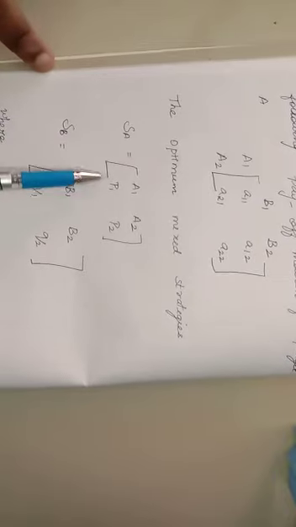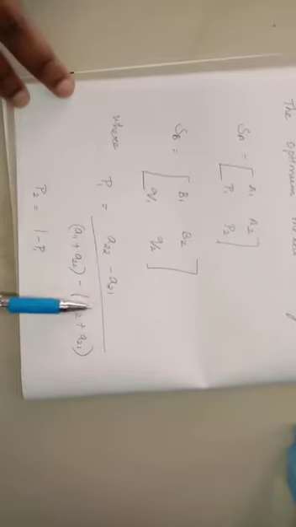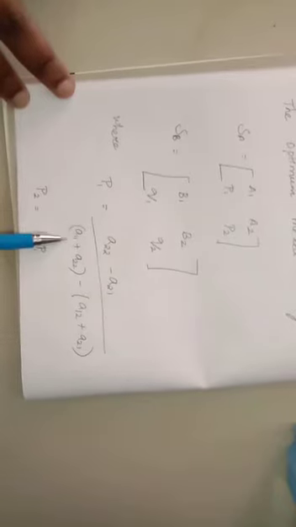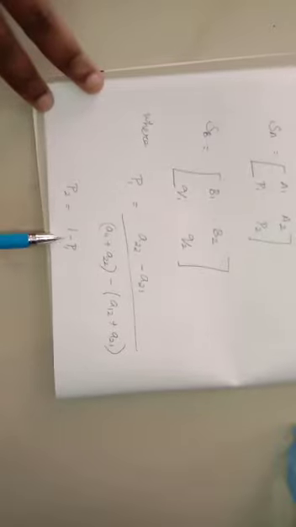Now the optimum mixed strategies for the player A are P1, P2, and for the player B are Q1, Q2. P1, P2, Q1, Q2 are the probabilities of player A and player B. To find P1, you use the formula (A22 minus A21) divided by (A11 plus A22 minus A12 plus A21). And P2 you find using the formula 1 minus P1.